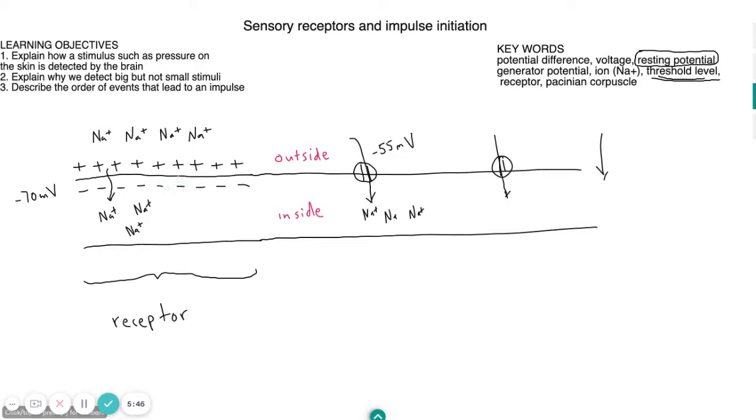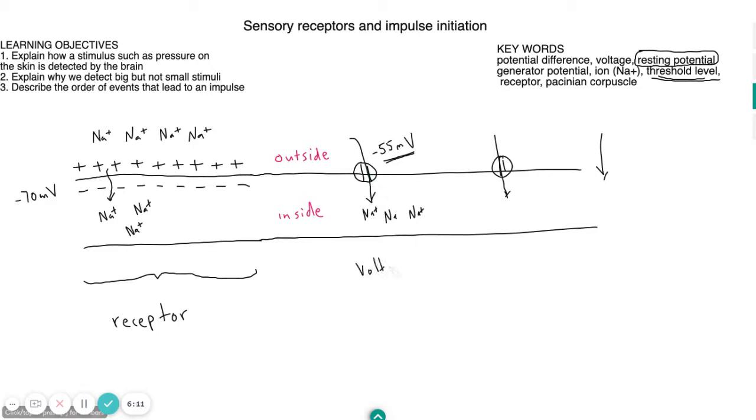The more light that enters your eye, the more permeable the membranes of the receptors become, and therefore more sodium ions can diffuse in. If enough diffuse in, we get this change in voltage to the threshold level. If it goes beyond minus 55 millivolts, then the other voltage gated sodium ion channels can start opening.